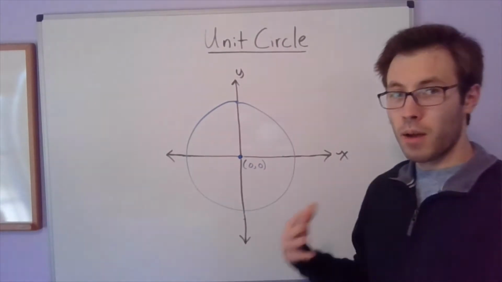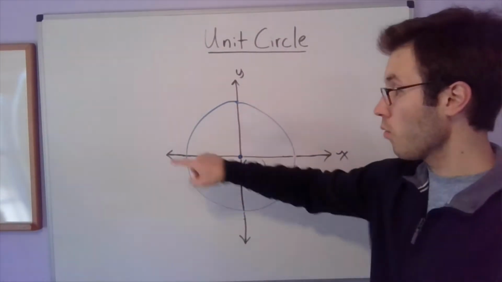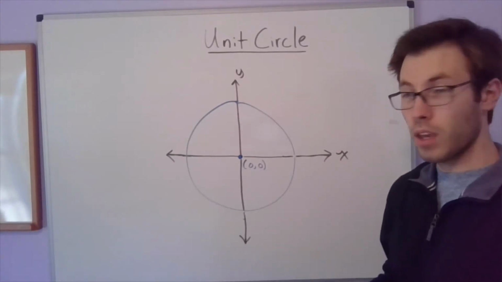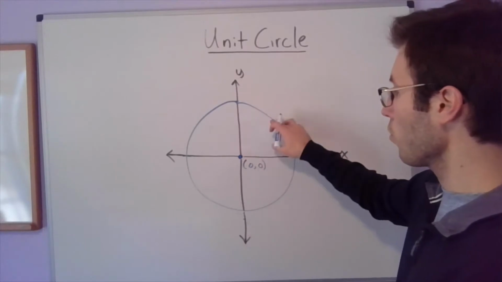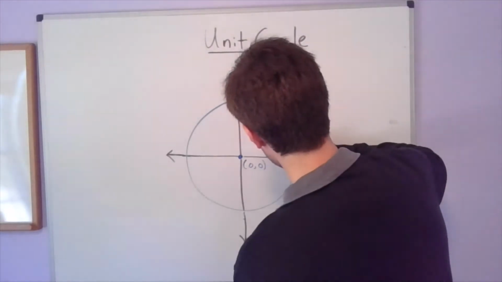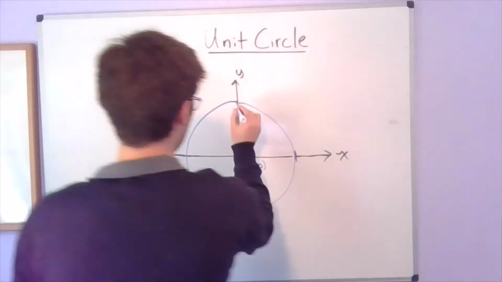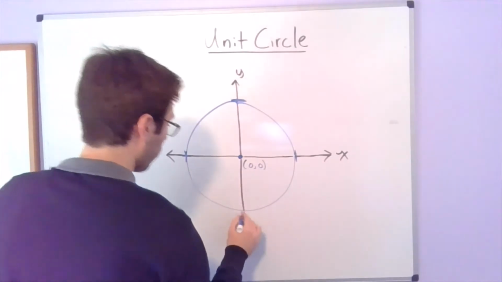Now, right away, I'm going to point out, you can see 1, 2, 3, 4 points on this thing. We can figure those out. Because the radius of this thing, if we're going to measure that length right there with a ruler, that would be 1. So we're looking over here. That's 1 unit. That's 1 unit. That's 1 unit. Going counting 1 unit down.